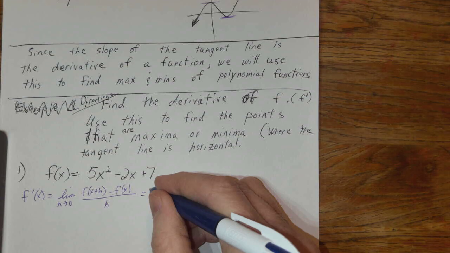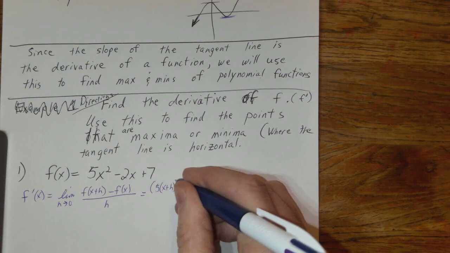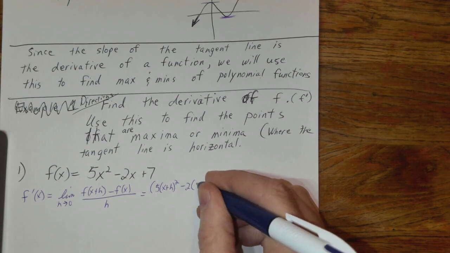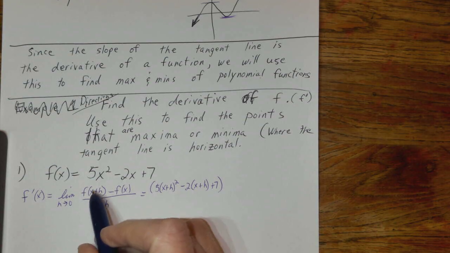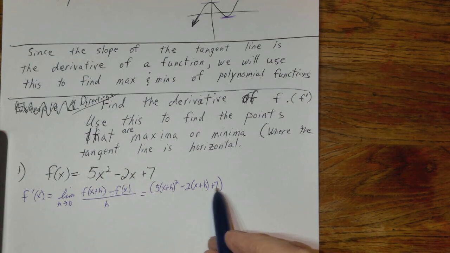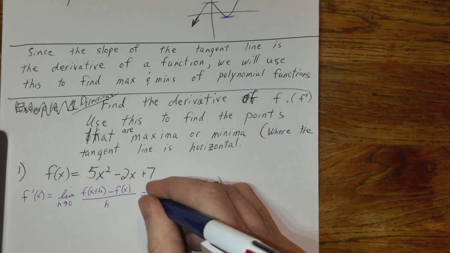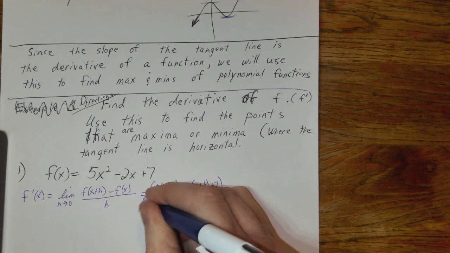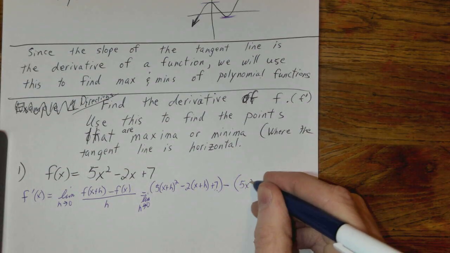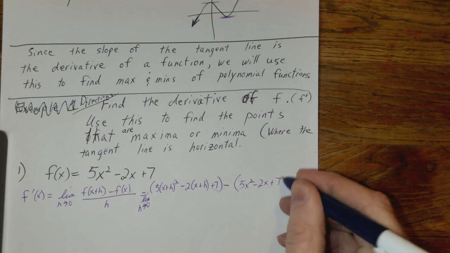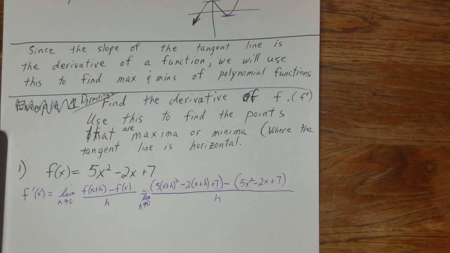Now let me find f of x plus h. That's 5 times x plus h squared minus 2 times x plus h plus 7. That is plugging in x plus h wherever there's an x, and we do have that 7 that's not connected to an x. Forgot to write that limit. Minus f of x, which is 5x squared minus 2x plus 7. This is over h.